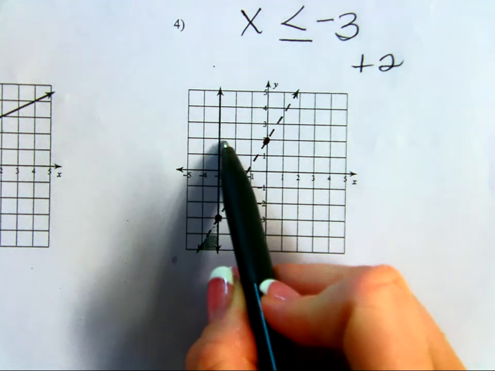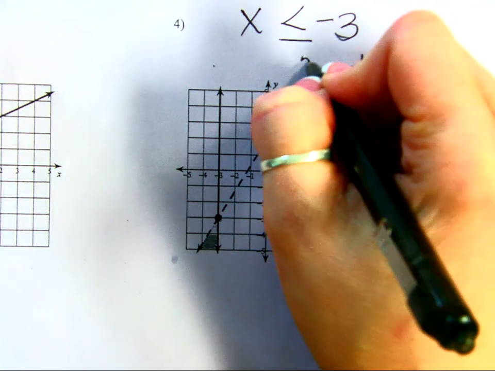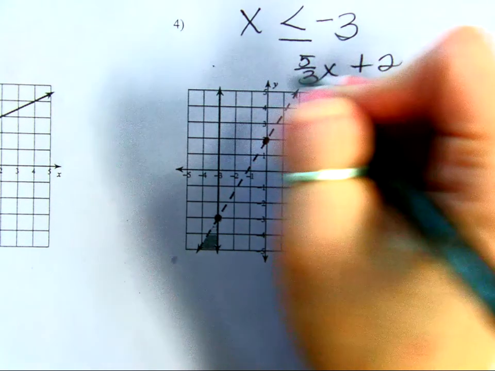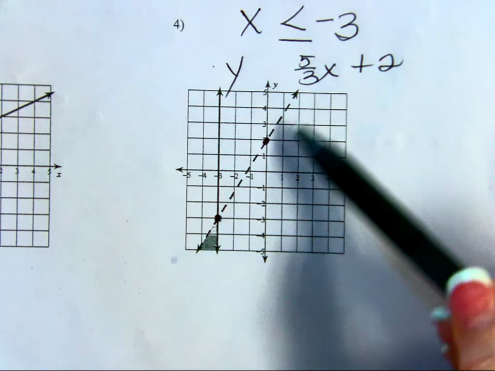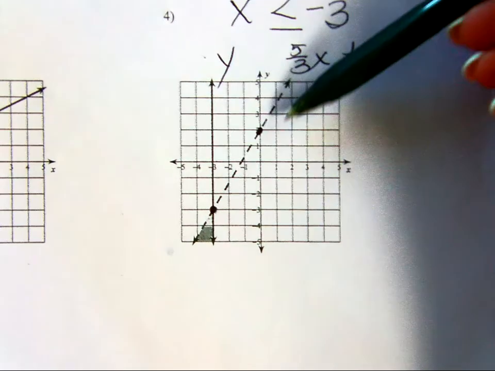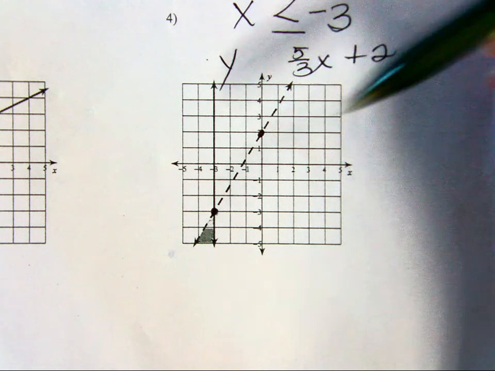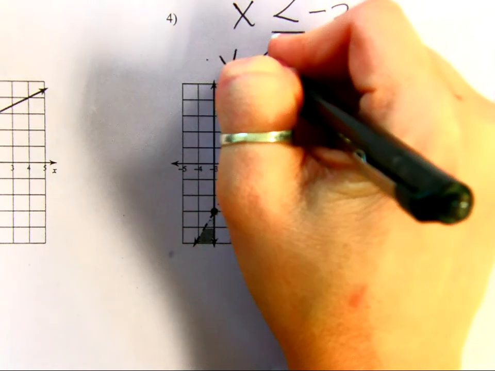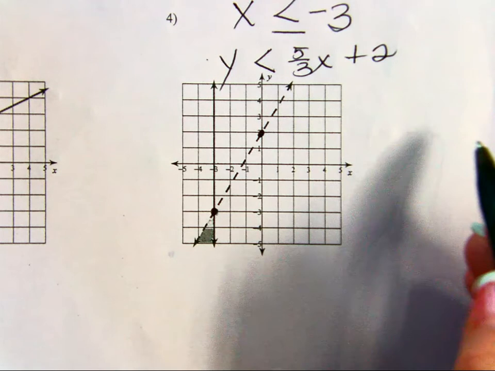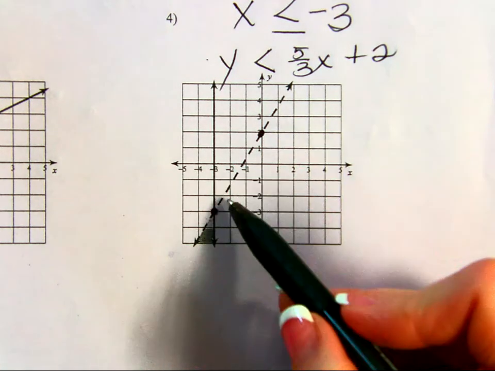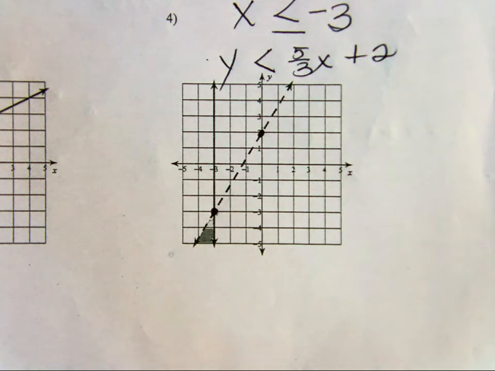It's positive. And now I just need to find that line. And the shading is what compared to the dotted line? Above it or below it? Below, which means less than. Below is less than. And it's dotted, so it does not have the line underneath. All right, how's that?